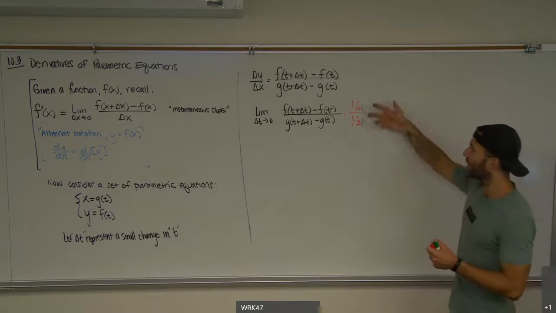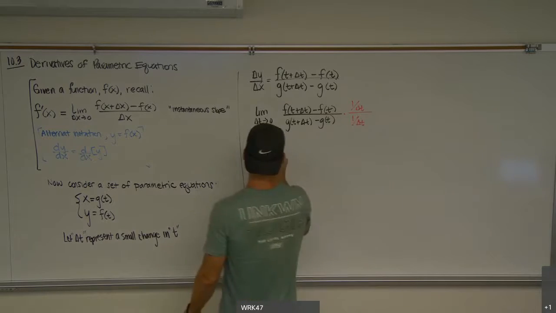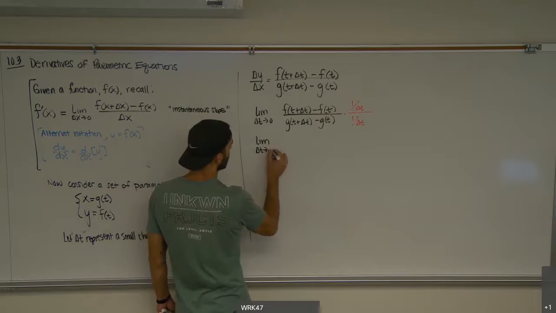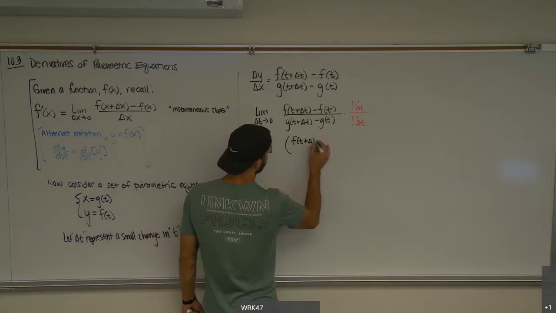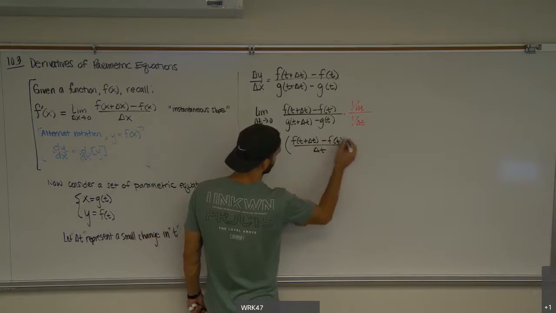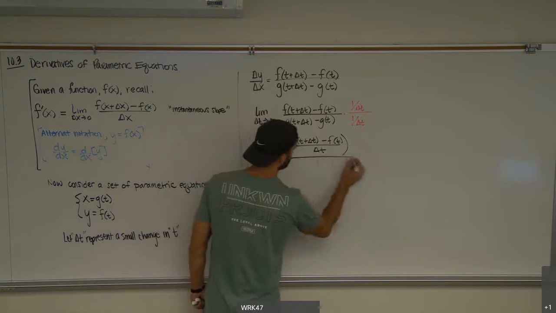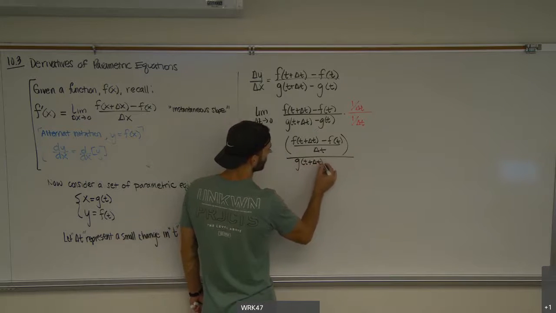Therefore, I've just multiplied by 1, so I haven't changed the value of this expression, the value of this slope. I just changed the way it looks. And so if I rewrite it now and I put that 1 over delta t into the numerator, it looks like this. If I multiply that 1 over delta t into the denominator, it looks like this.